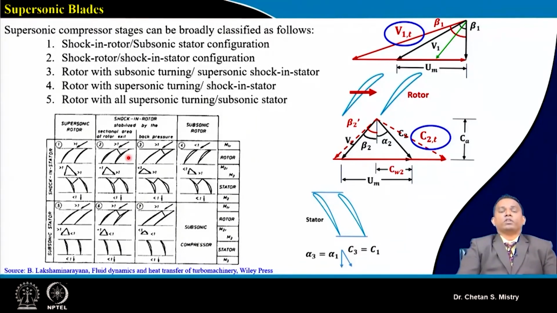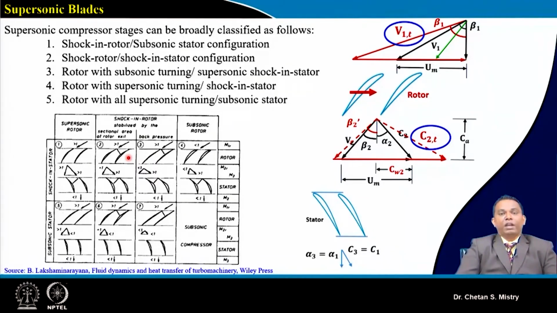During the 40s to 60s, 70s, people designed supersonic compressors which were giving a very high pressure rise, maybe in the range of 1.8 to 2.2, 2.3. But the problem they were facing with those compressors was a reduction in efficiency, because they were subjected to very high losses.